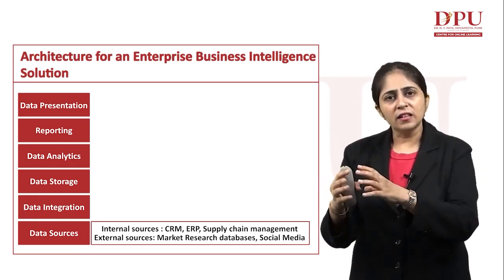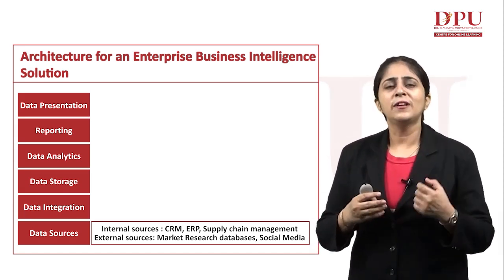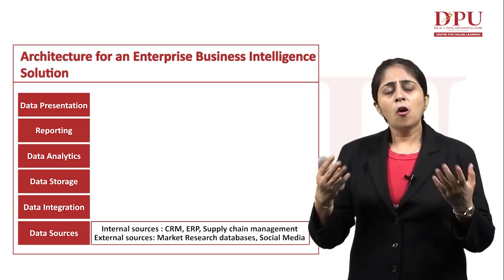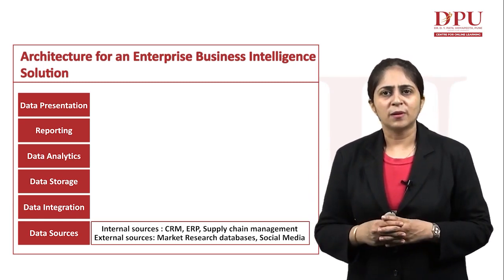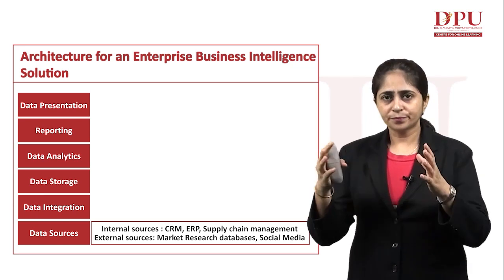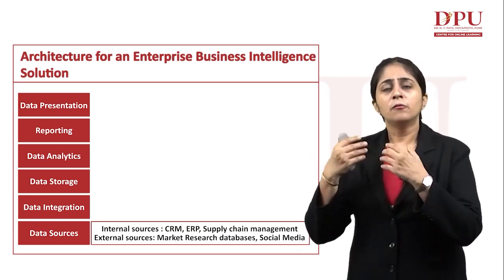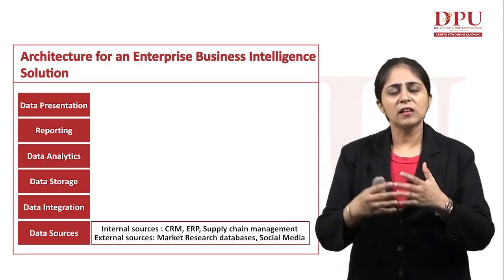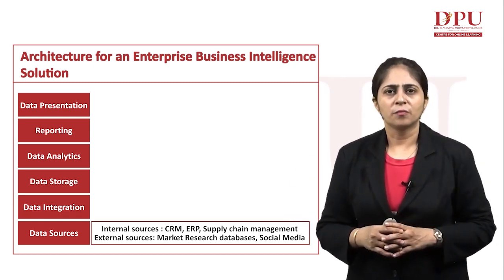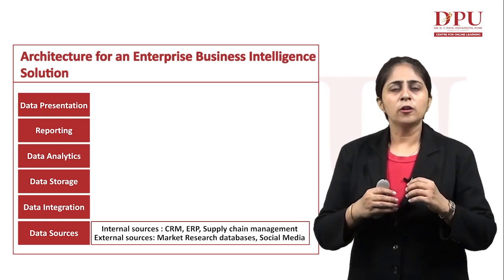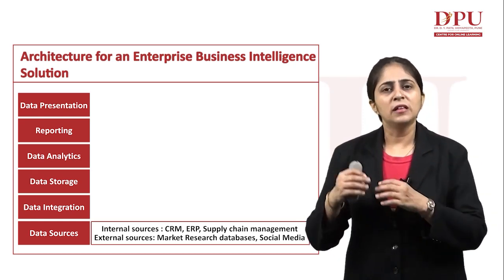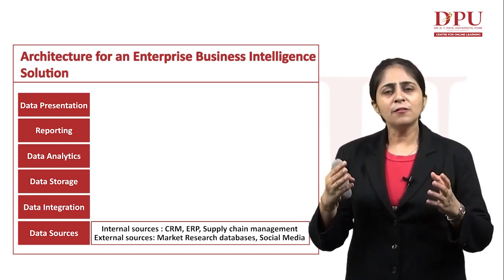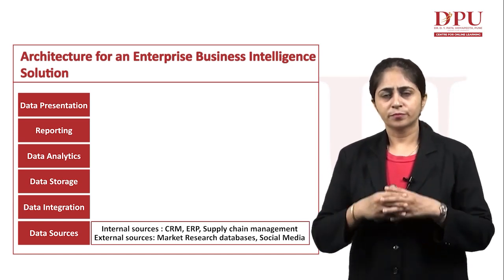So this is another system from where we can access the data. Or we have the supply chain management. Supply chain management is what? From where we are understanding the whole supply of the various resources in the organization. What resources are required to be supplied at what point of time in the organization. So these are a few of the internal sources.